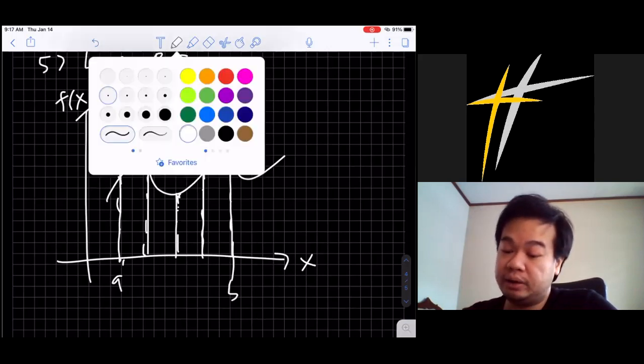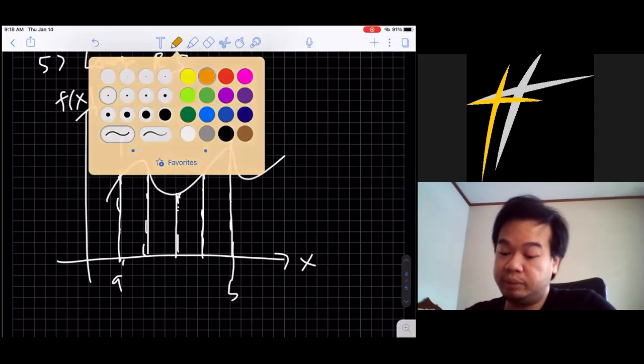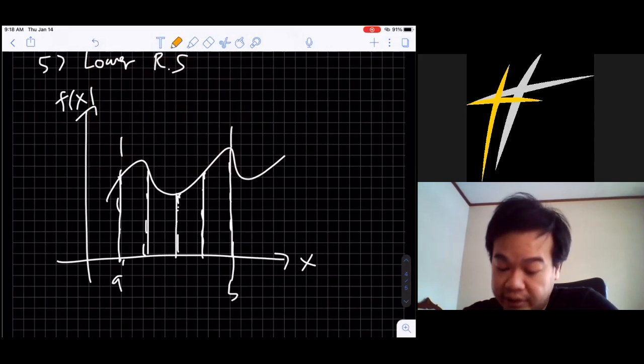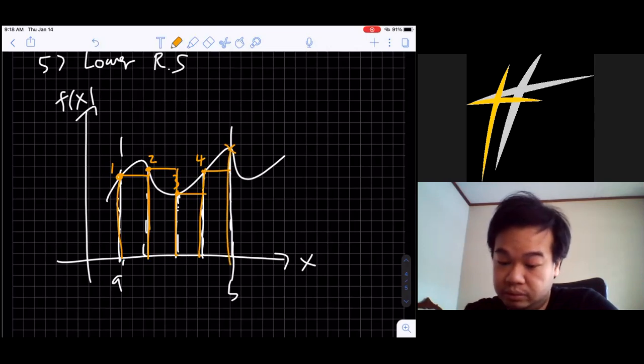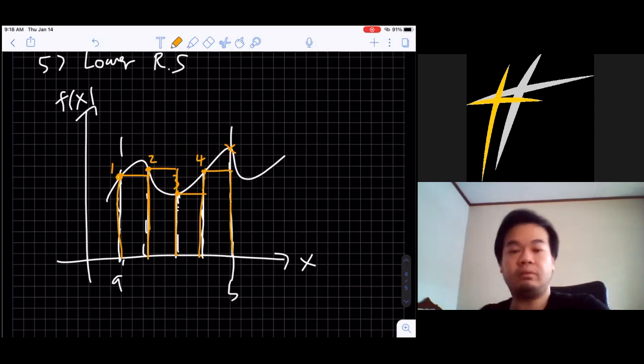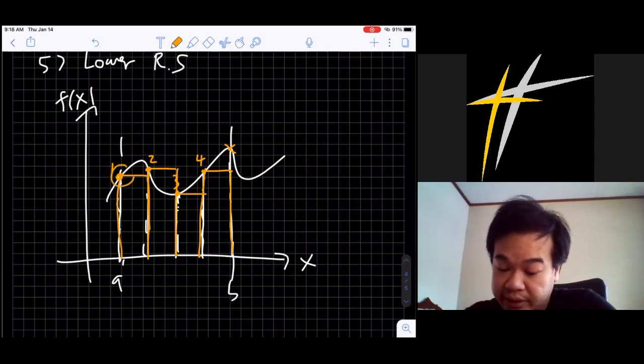And the sample point that I'm gonna take, if it is left, then it's always from the left. So this is the first one, this is the second one, this is the third one, this is the fourth one. I don't use this one. So the rectangle will always be like this one, and this one, and this one, and this one. It means that I'm taking it from the left, from the left, from the left, from the left.